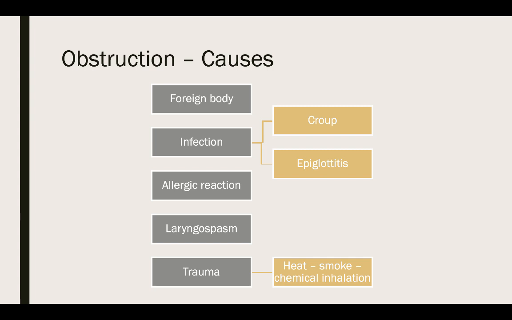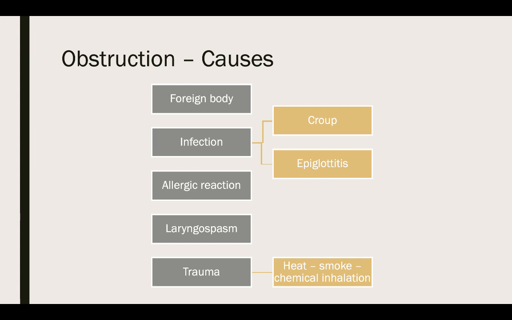So we've got foreign body obstructions, which can be partial or complete. All of these can be partial or complete. We can also have infections cause airway obstructions, more specifically croup or epiglottitis, especially in our pediatric populations.